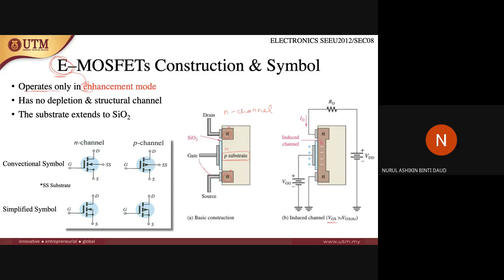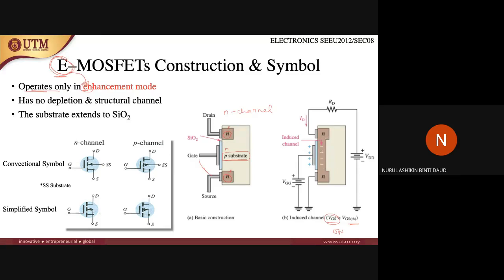If the voltage value at gate and source is bigger than the threshold, the MOSFET will turn on, and it will produce an induced channel between the N-type regions.